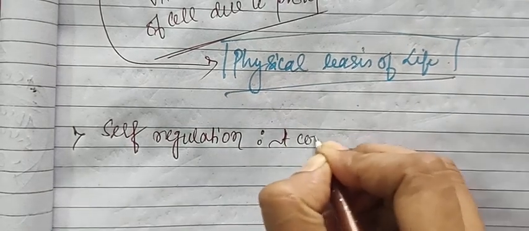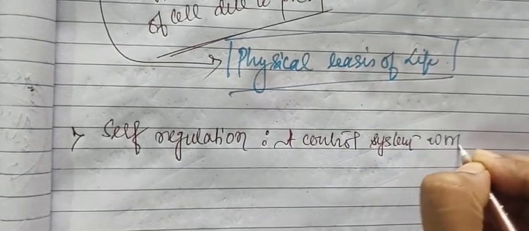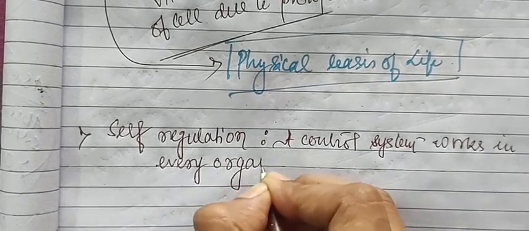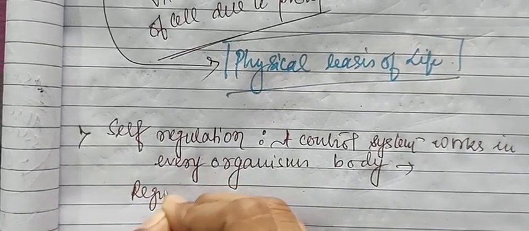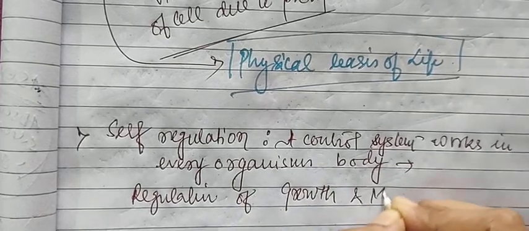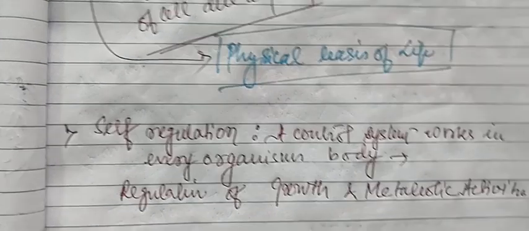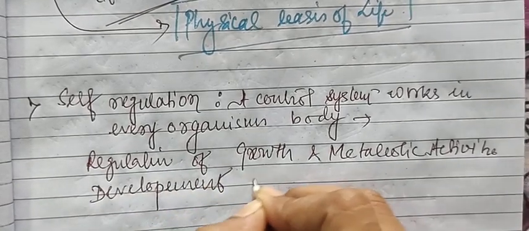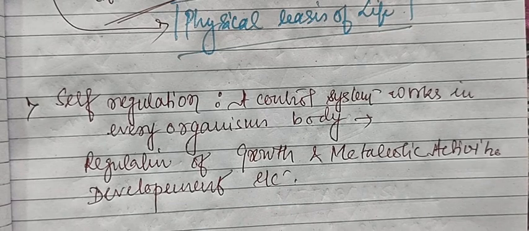A control system works in every organism's body, which helps regulate growth, different kinds of metabolic activities, different kinds of development processes, etc. Self-regulation is a very important feature for the living being. This is absent in abiotic substances.